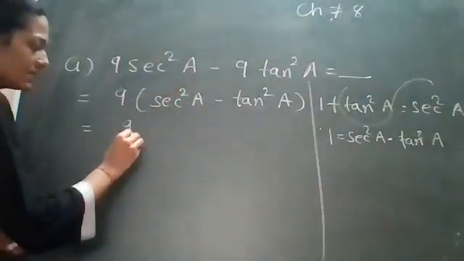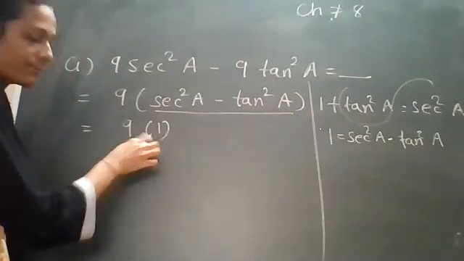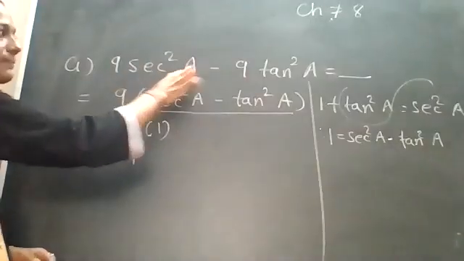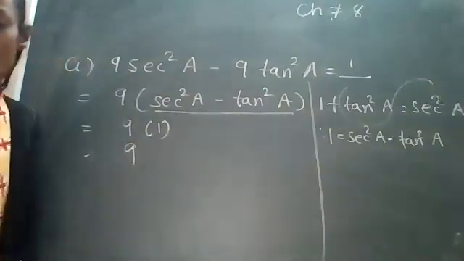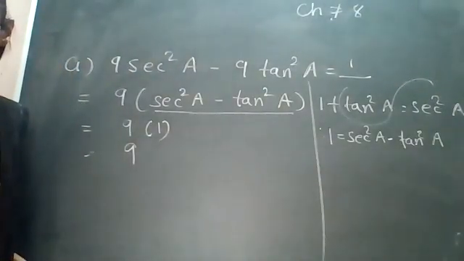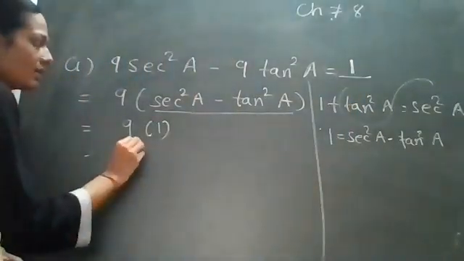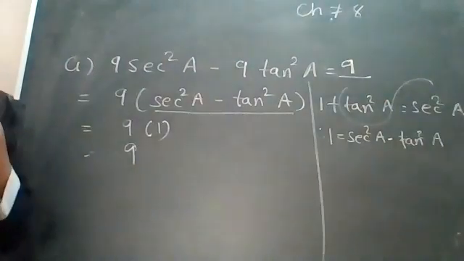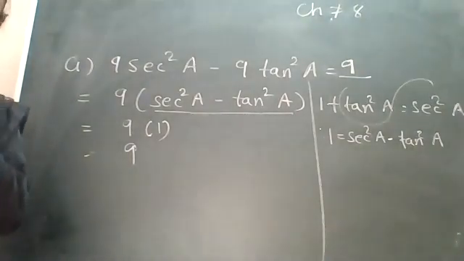Here also we simply write 9 into 1, replacing this by 1 only. So we get the answer as 9. So 9 sec square theta minus 9 tan square theta is equal to 9. Your option will be B, and 9 will be your answer. Are you getting it, everyone? Yes, ma'am.